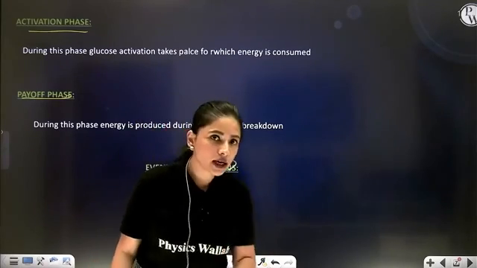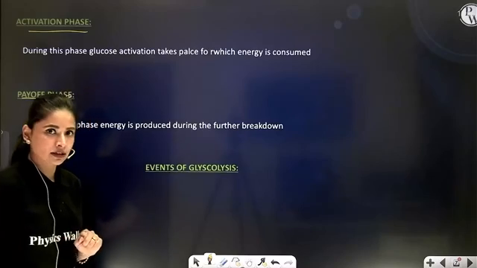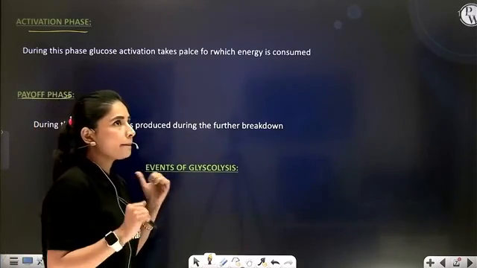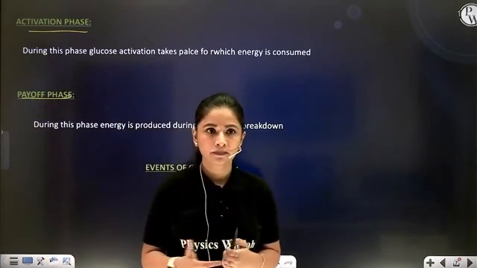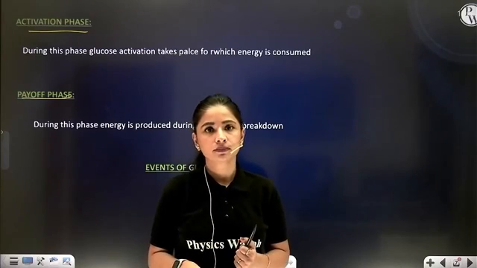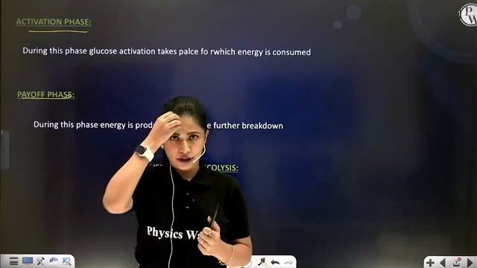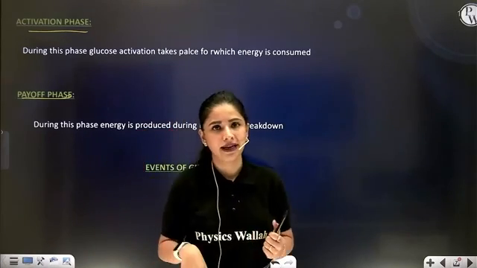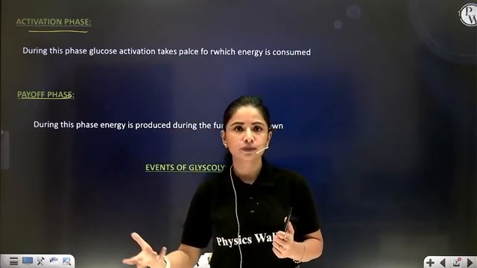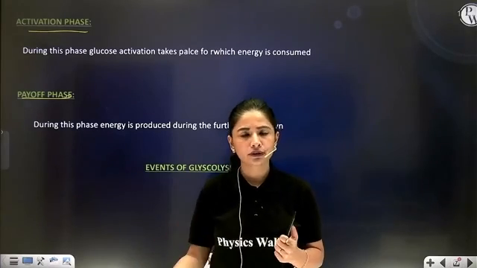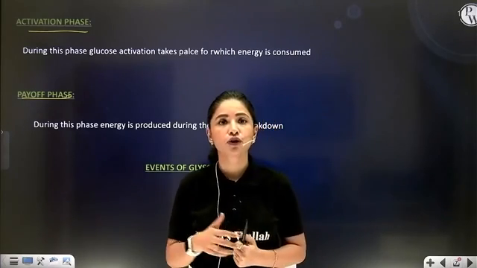The first step in glycolysis is that you have glucose. If I talk about plant cells, food is produced during photosynthesis in the form of glucose, stored in the form of starch and transported in the form of sucrose.